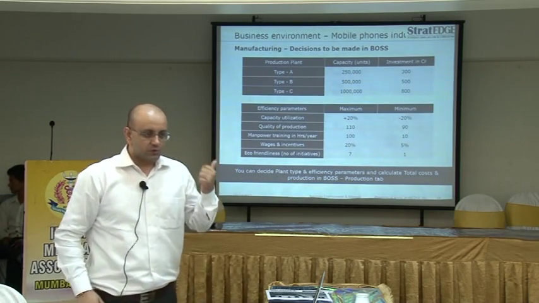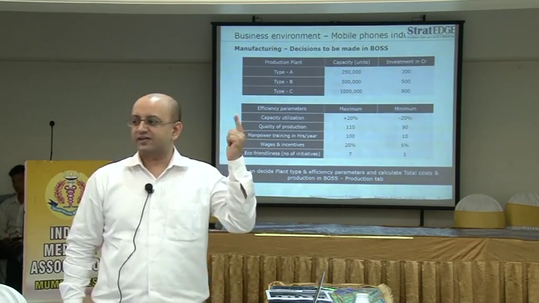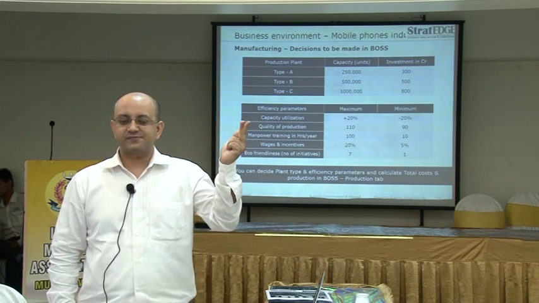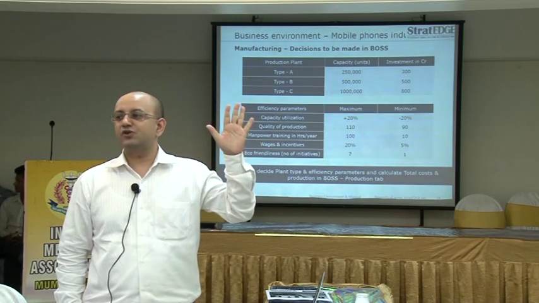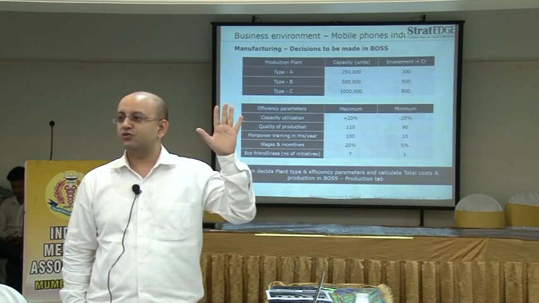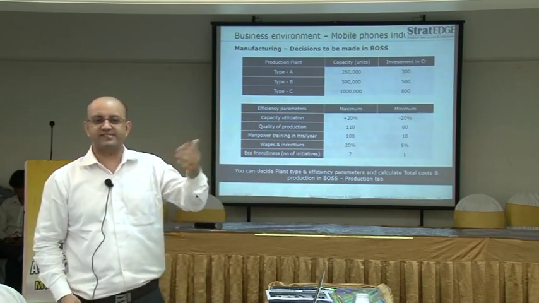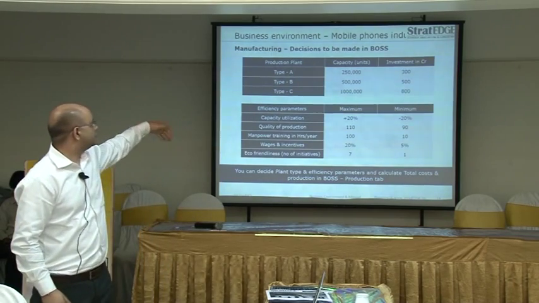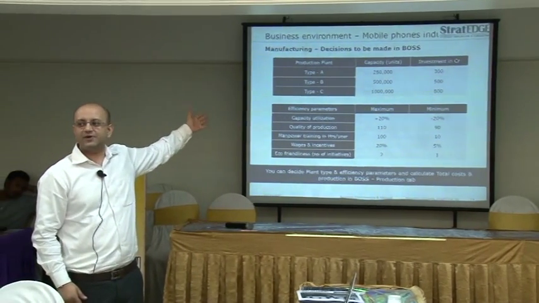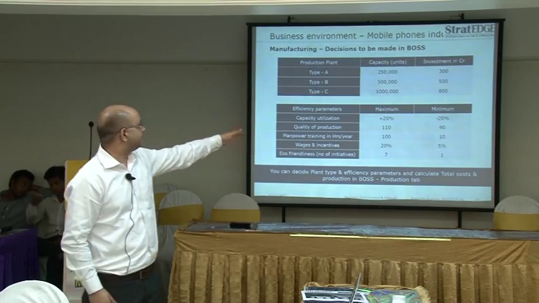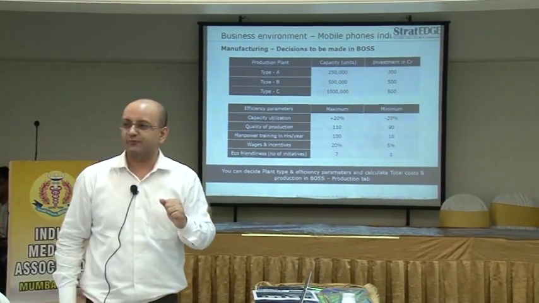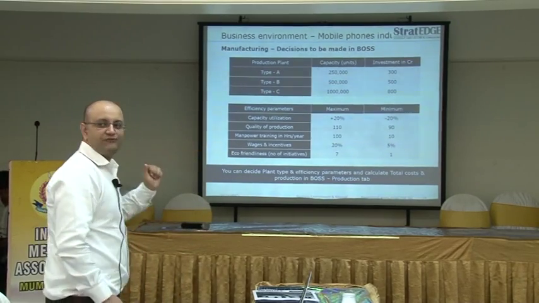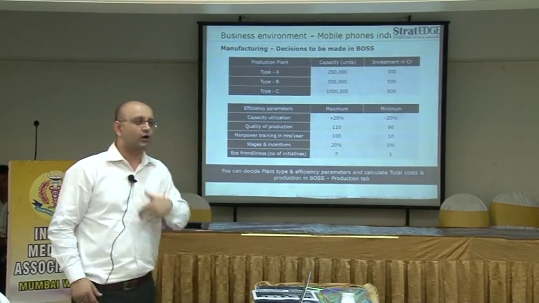Similarly, so basically you are going to decide the product characteristics, the price, your marketing, your network, and then you will have to have a production center also. You will have to have a production plant or sourcing basically. There are 3 options. You can open a type A plant, type B plant, or type C plant. There are different investments. If you open, let's say, type B plant, you will spend 500 crores of my money, and you will have a production of 5 lakh units every year basically.